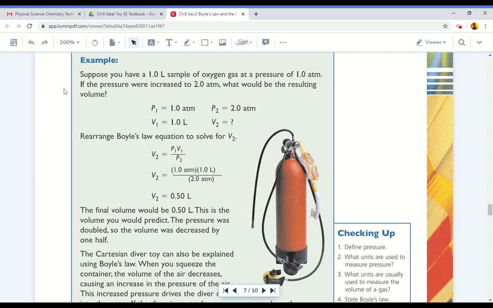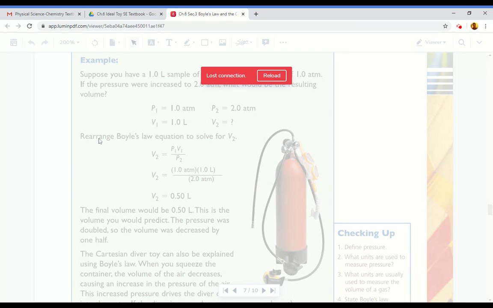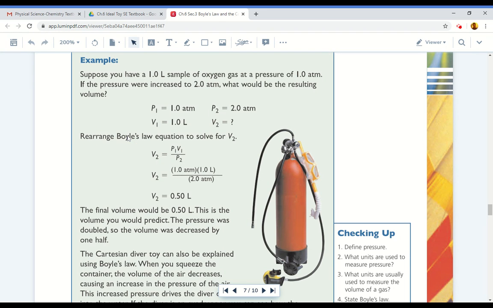Example: suppose you have a 1 liter sample of oxygen gas at a pressure of 1 atmosphere. If the pressure were increased to 2 atmospheres, what would be the resulting volume? Rearrange Boyle's law equation to solve for volume 2.